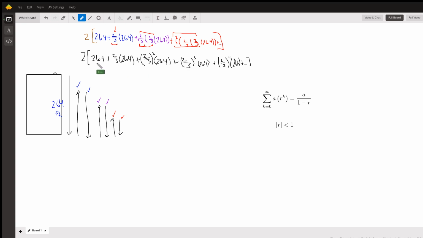Remember, that means that I divide every single term by 264 and bring it to the outside. So that means I would have 2 times, the 2 is from the outside, 264 comes to the outside with it.